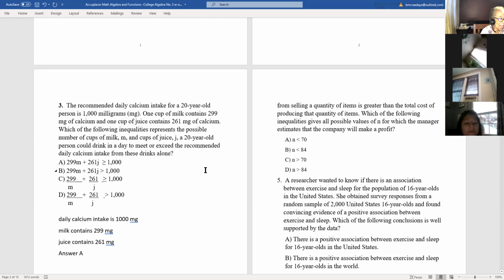So the combination of cups of milk and cups of juice must be greater than or equal to 1,000, because meet is equal to 1,000, and exceed is greater than 1,000. The cups of milk plus cups of juice must be greater than or equal to 1,000.